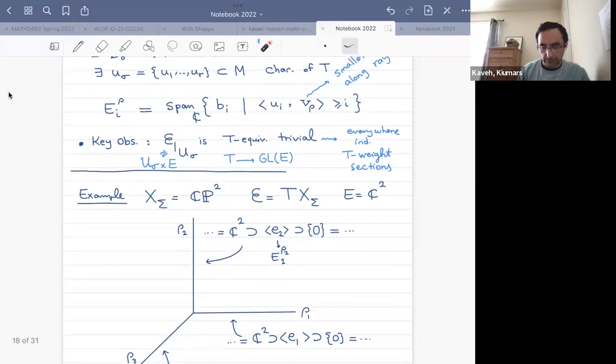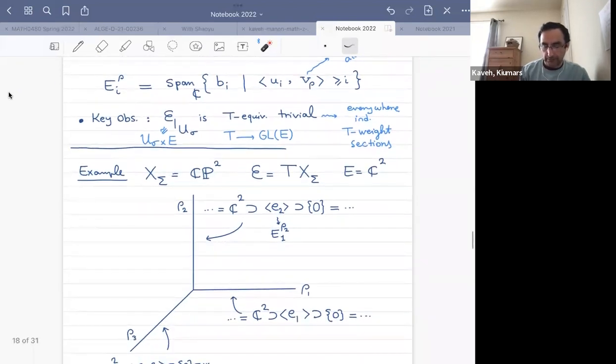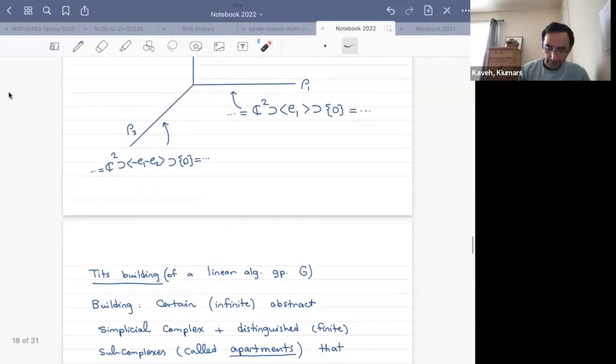It's not hard to show that this exists. And then it implies that it's trivial. Your toric vector bundle on each affine chart is trivial and in fact equivariantly trivial. Okay, and that's the example.